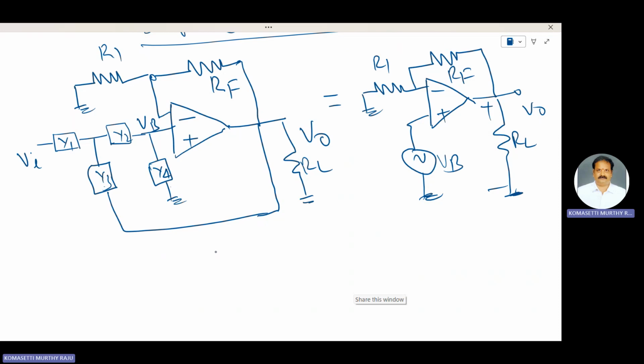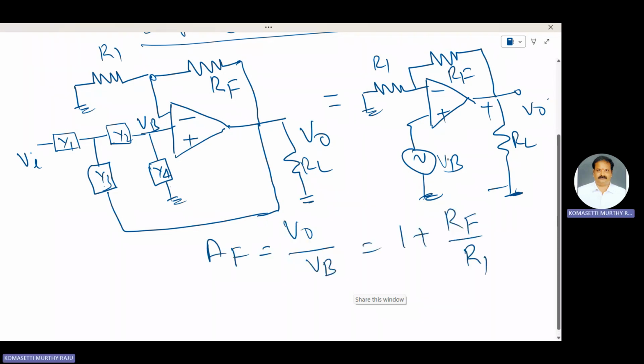In case of non-inverting op-amp configuration, gain AF is equal to output by input, V0 by VB. V0 by VB is equal to 1 plus RF by R1. Later I will calculate this VB value.